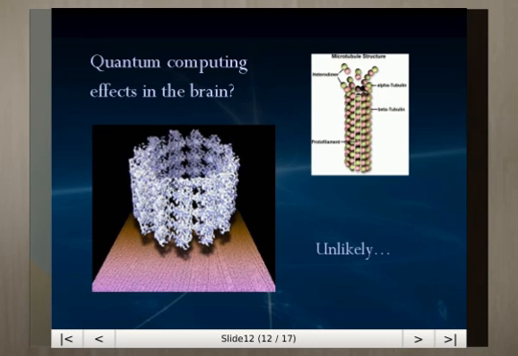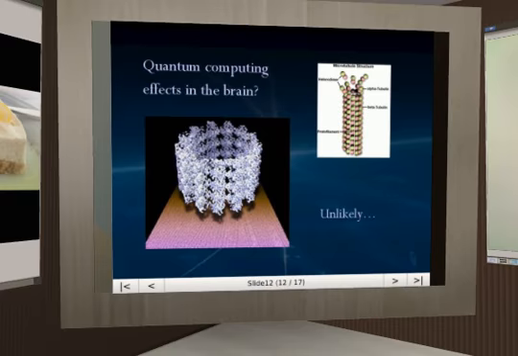Some people believe that there are quantum effects which are fundamental to the computational power of the brain. I'm not actually convinced by this argument myself, and I think we can have large levels of intelligent systems without needing any quantum mechanics whatsoever.